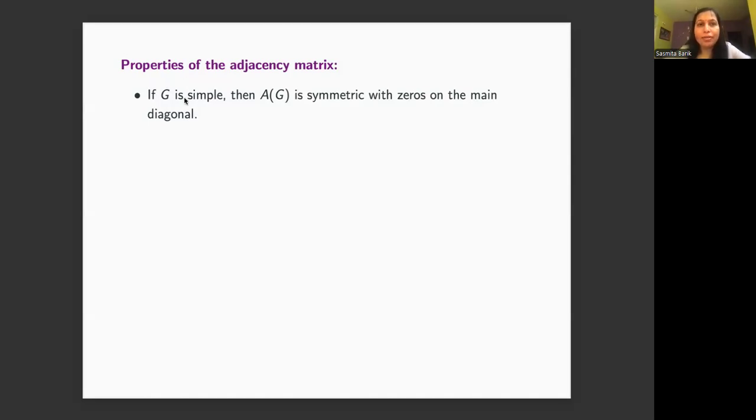If your graph is simple, you already know that the matrix is symmetric with zeros on the main diagonal. Then if I take the sum of all entries in the matrix, it is 2 times the number of edges. So looking at the matrix itself, obviously this is a very trivial thing, but you can say how many edges are there in the graph.